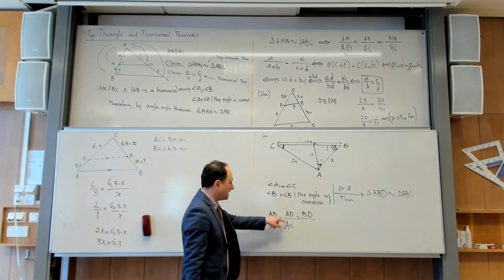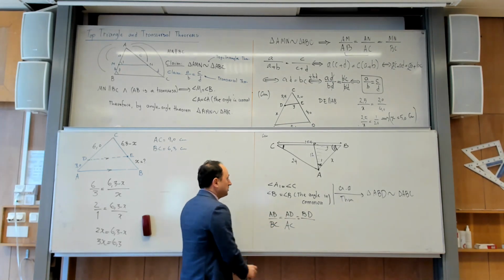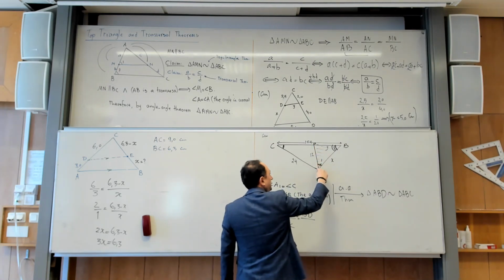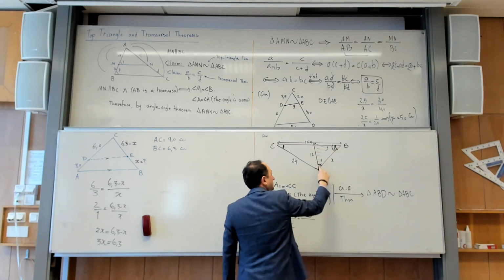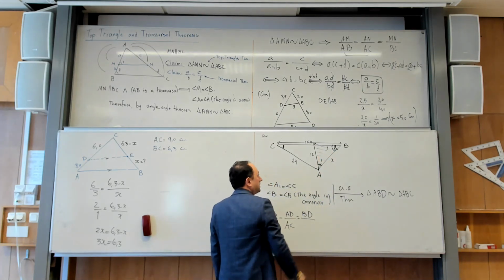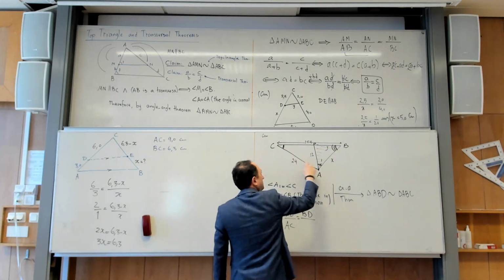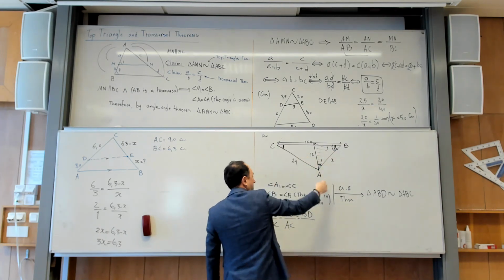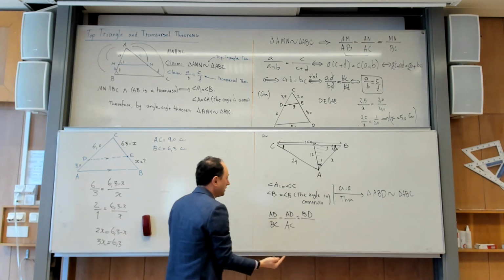Okay, this is a little bit better understandable. Why? Because in this smaller triangle, AD is opposite to B. But in the bigger triangle, B is the same B, and the opposite side to that is AC. So that's one way to understand that.